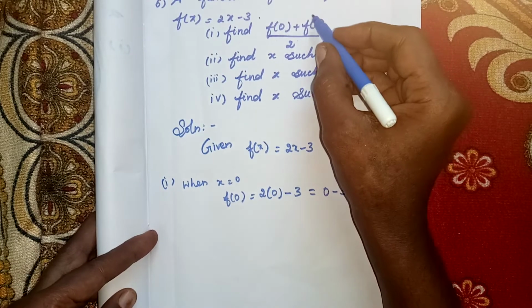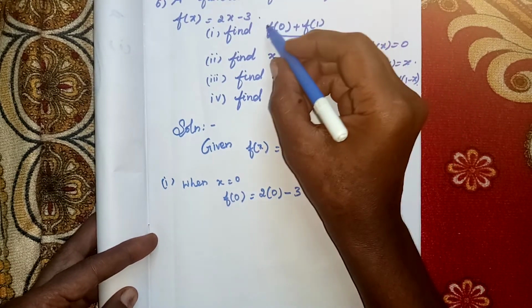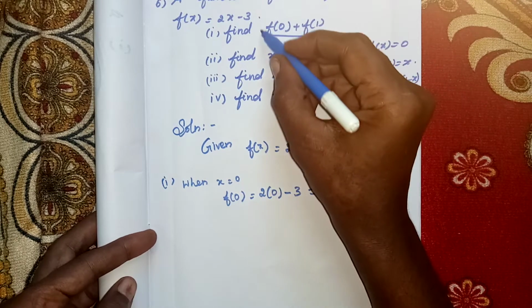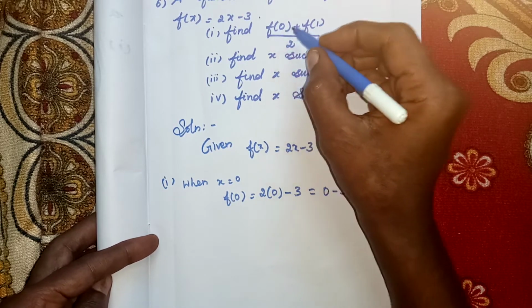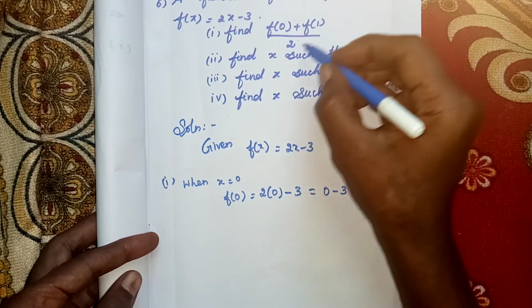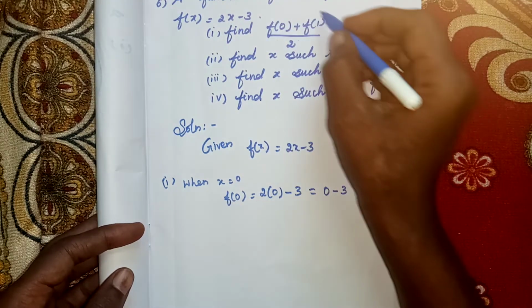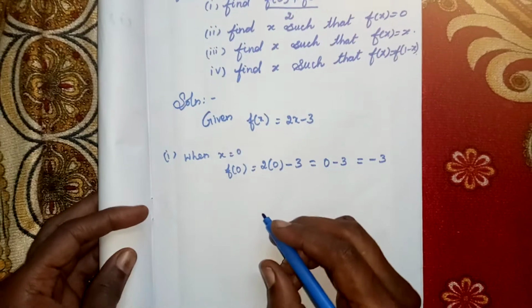Next we have to find f(1). For finding f(0) + f(1)/2, separately you have to find f(0) and f(1), then substitute the values.